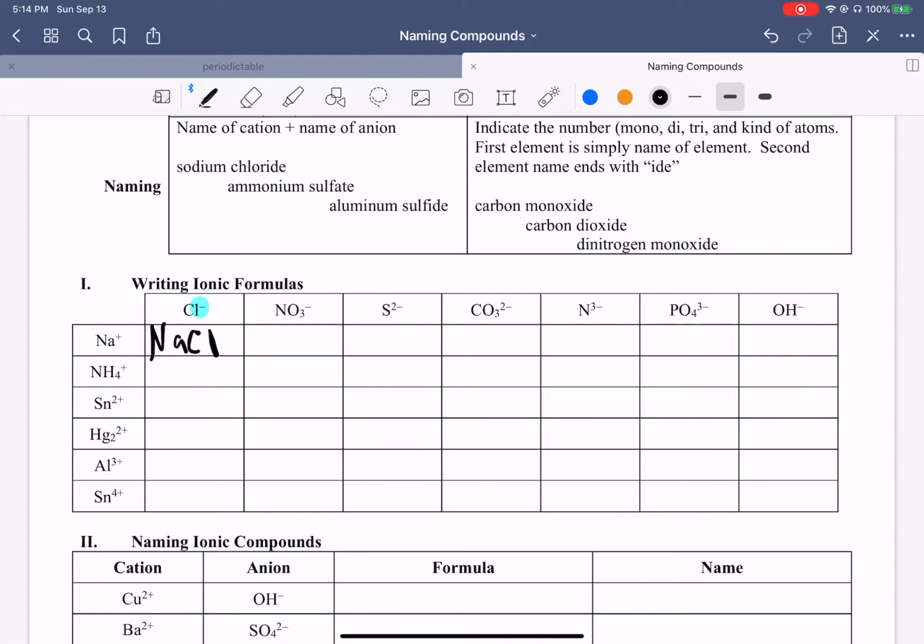This again, NaNO3, okay? Remember, we want to maintain that. So going along through all of these, you can see that, okay? So I think these are pretty straightforward. Here with the NH4, again, you want to keep the parentheses. So these first ones are going to be pretty simple. It's just going to be sodium.